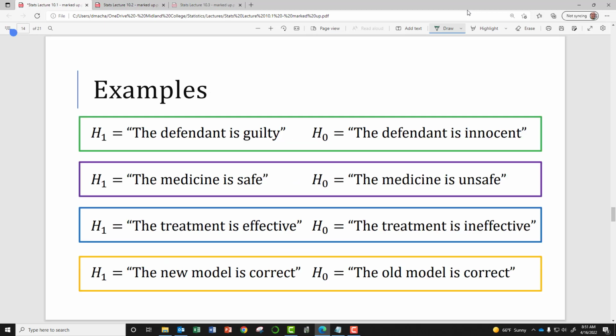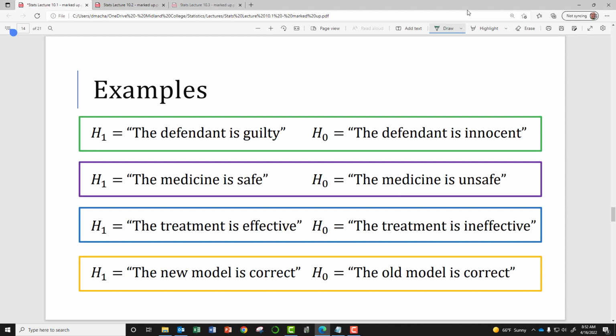Here are some examples. It helps to see examples when you're learning a new concept. And this really goes to illustrate, the most important part of this slide here is to point out what I mean when I say the null hypothesis is our baseline assumption, or when I say the null hypothesis is always our conservative assumption.